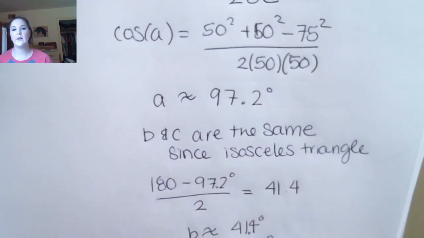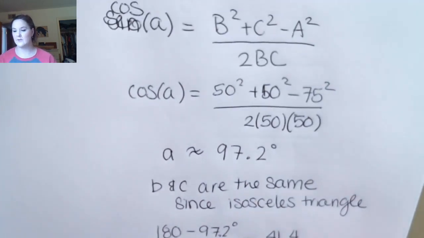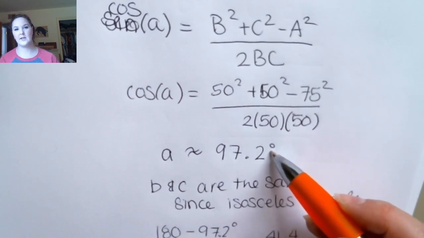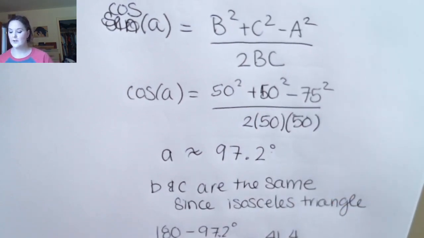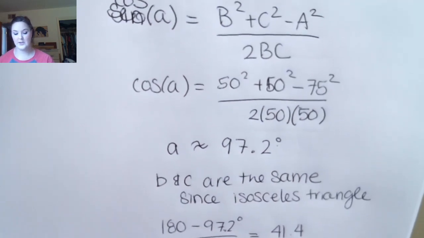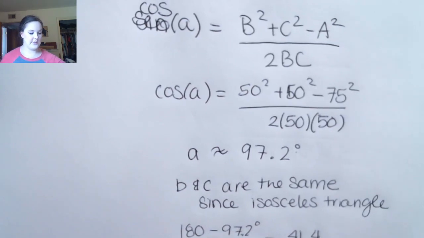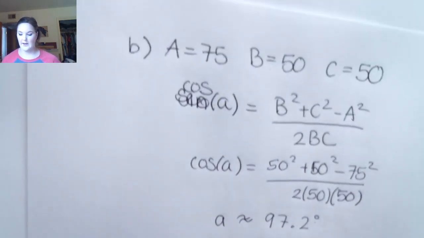Okay, and again, we don't have to worry about whether there's another triangle with this because the angle A is larger than 90 degrees. Okay, so that's how this works when you have all three sides. Okay, let's do an example where we have two sides and an angle.